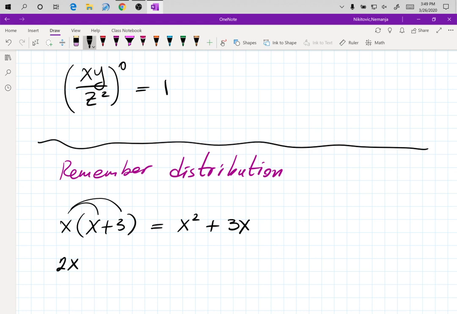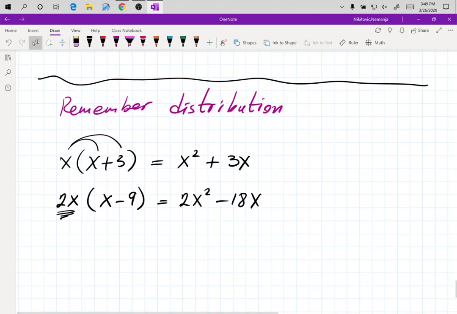If you have 2x times x minus 9, then you have 2x squared minus 18x. So 2x becomes 1 unit that distributes everywhere.